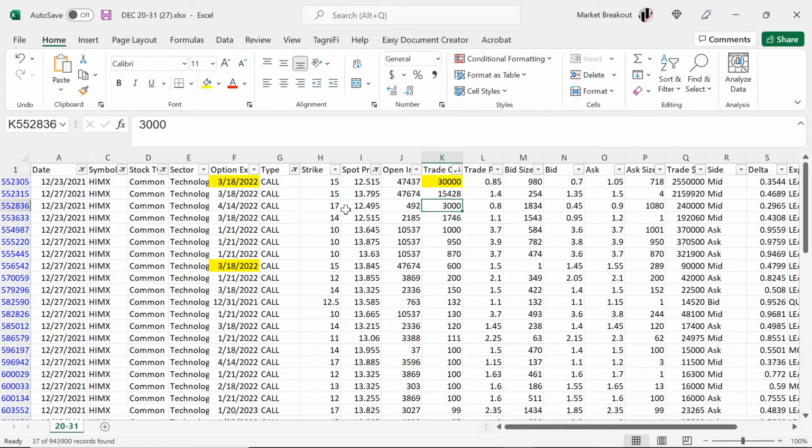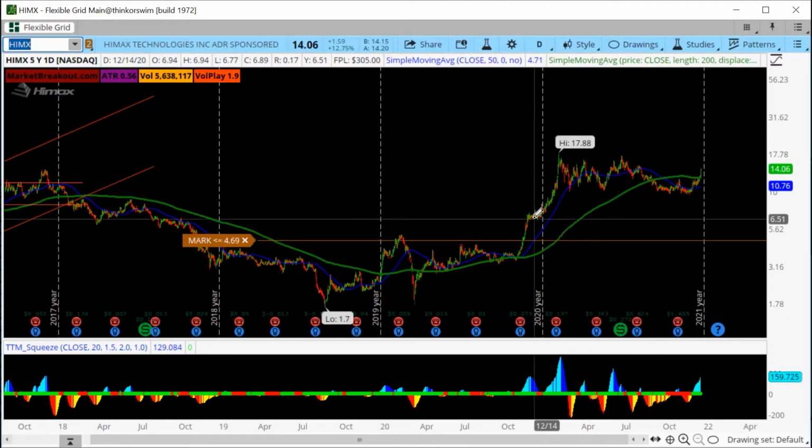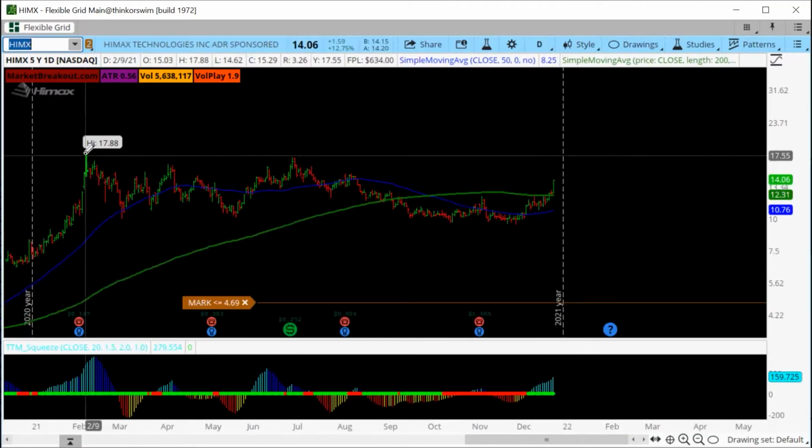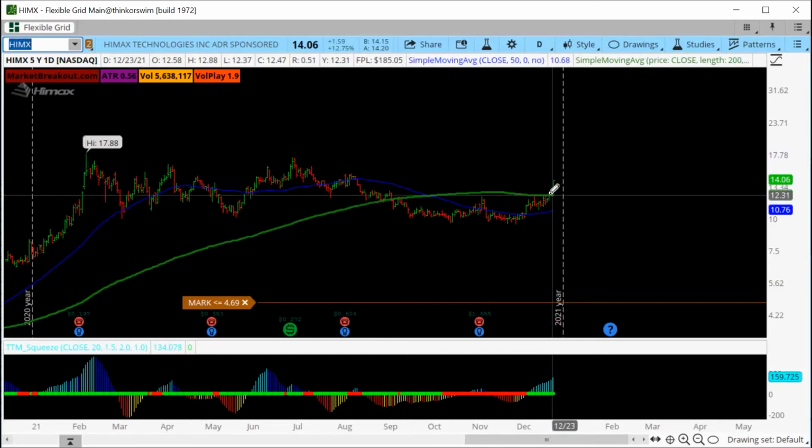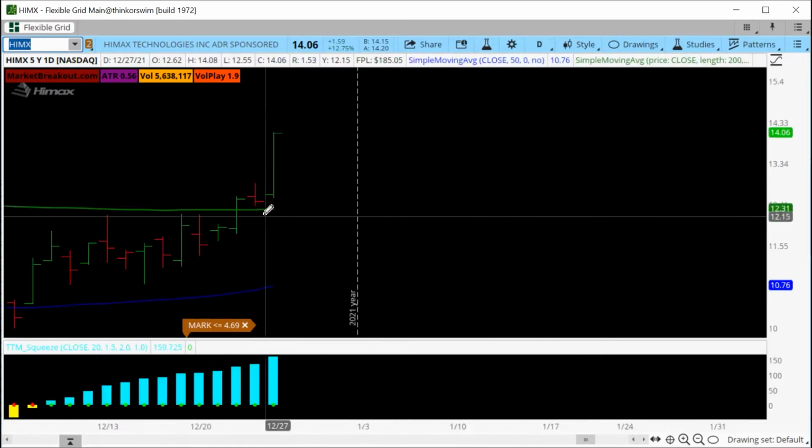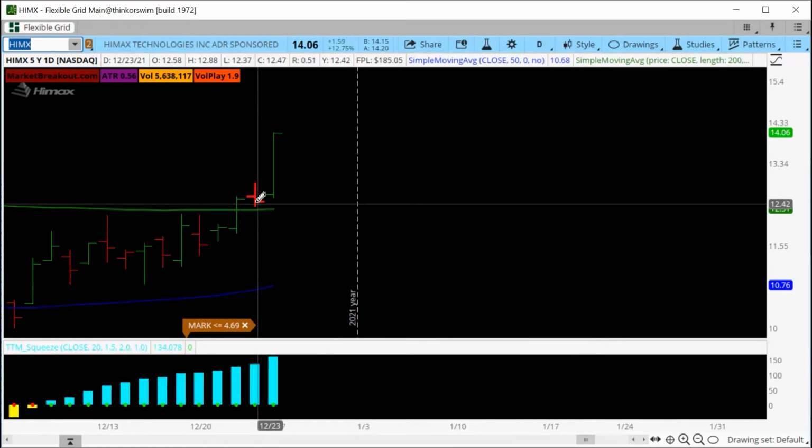Okay, and we need to take a look at what's happening on the chart. Take a look at 5 years. Okay, we see the stock back above SMA 200, and when the stock jumps above SMA 200, we see a 30,000 trade quality.